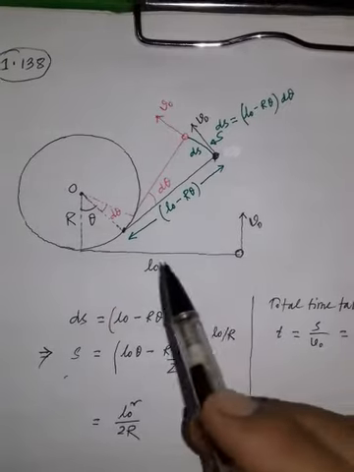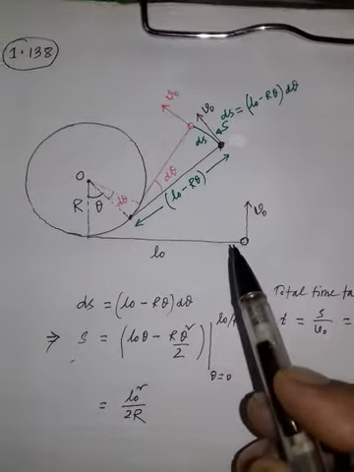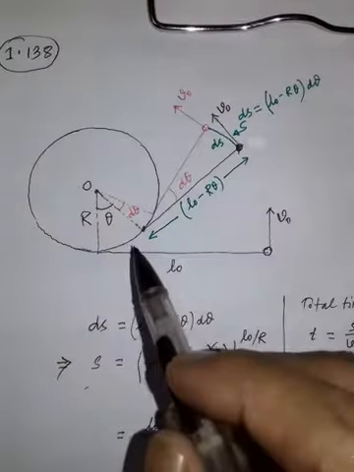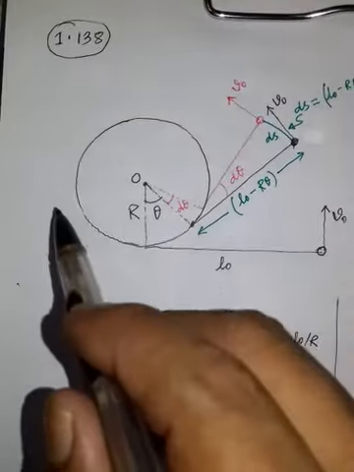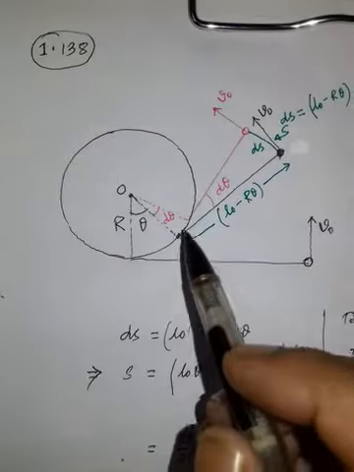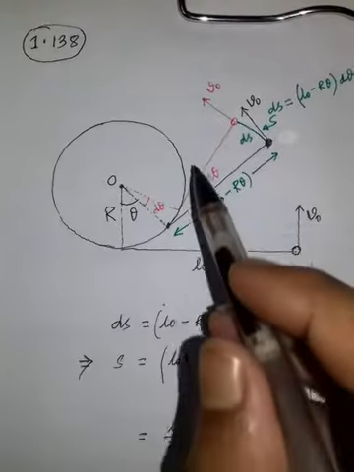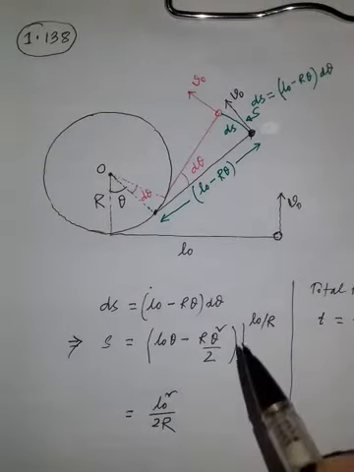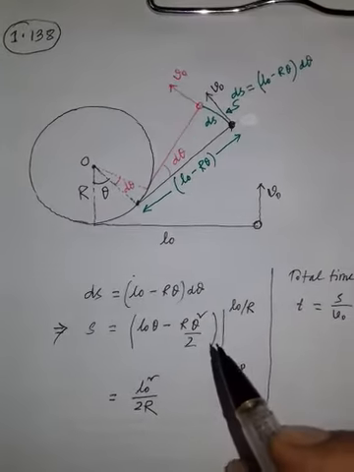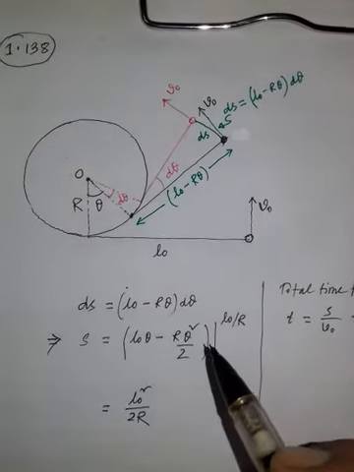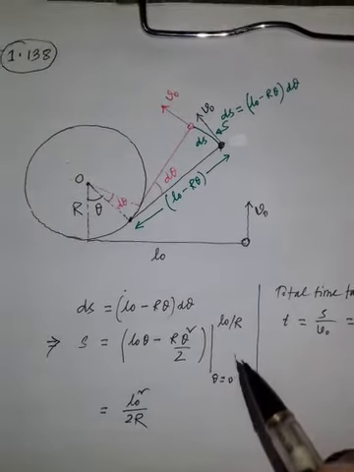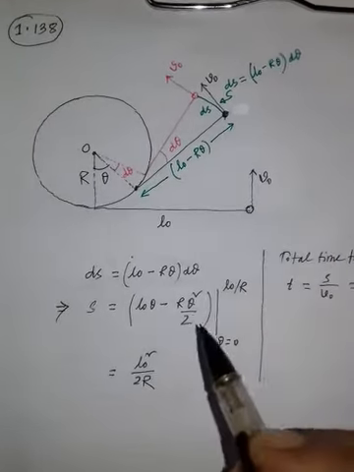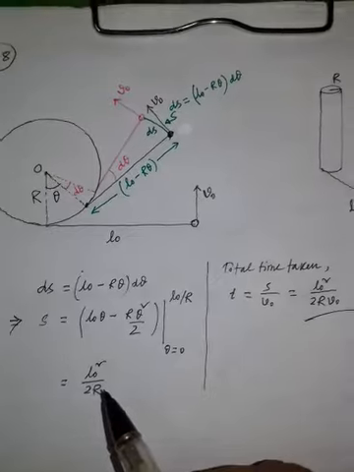L0 is the total length of the string, and when the string rolls over the cylinder, we have the peripheral distance equal to L0. So the corresponding angle, the total angle revolved, would be L0 by r. So ultimately we get the total distance covered equal to L0 square by 2r.